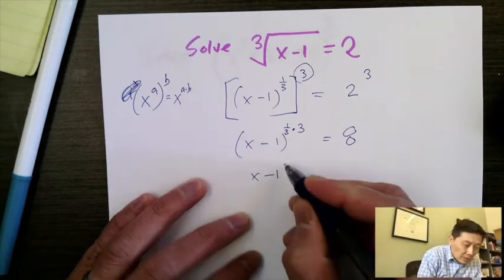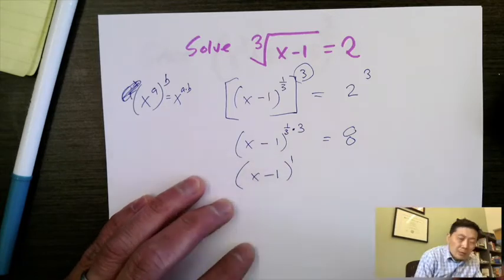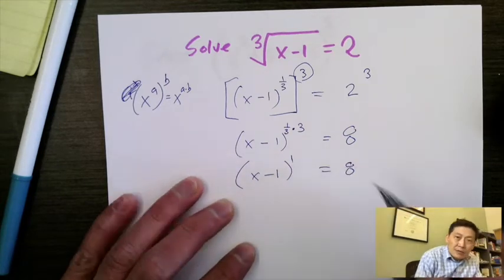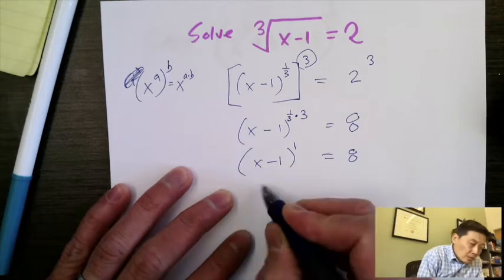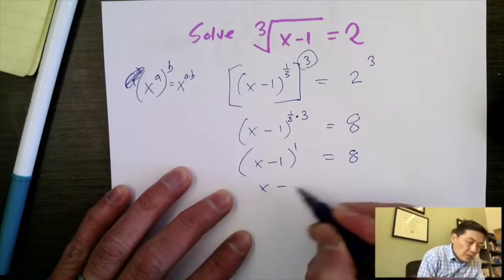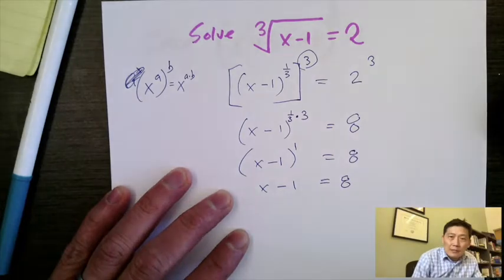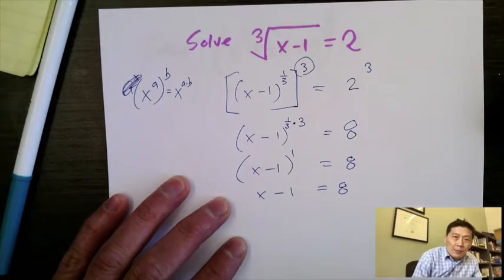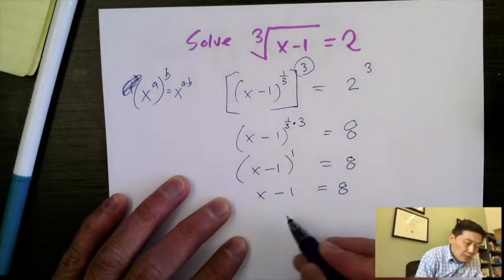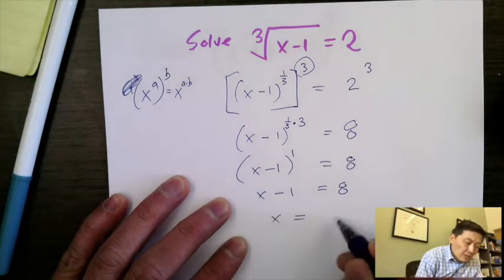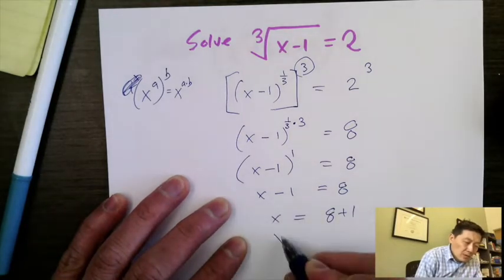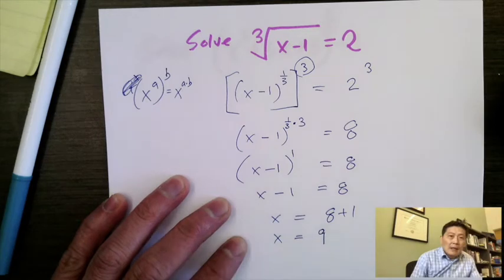I can write it again, this is just 1 power, and then equal to 8. This is just an extra step I write. So then x minus 1 is equal to 8. By doing so, I can solve for x. So x is equal to 8 plus 1. X is equal to 9.